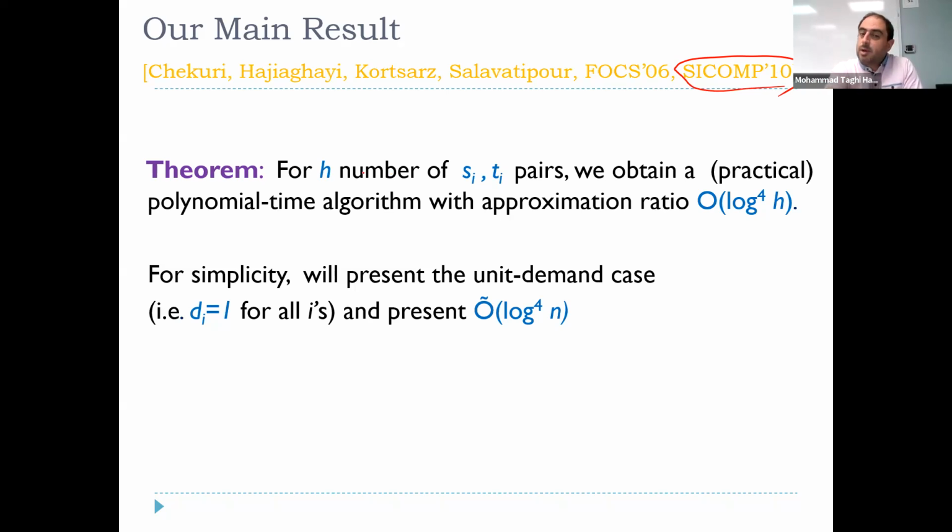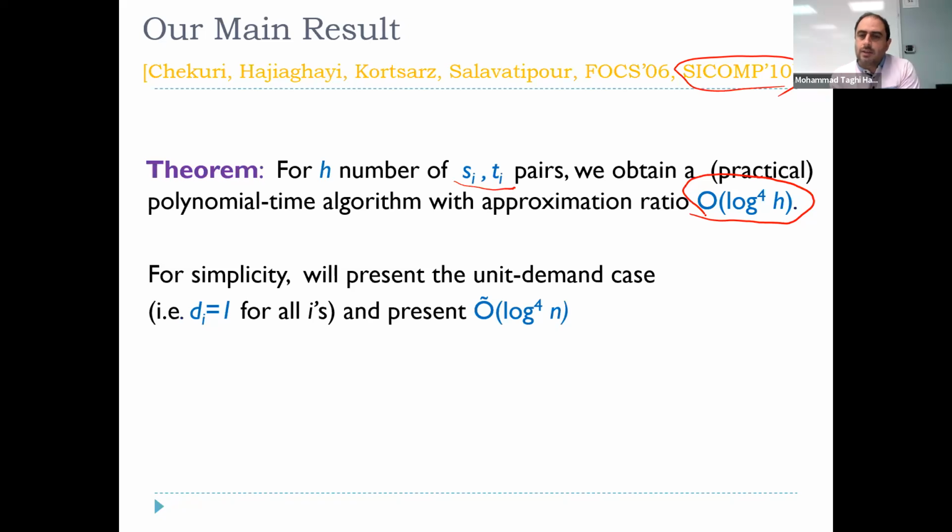For any number h of S_i, T_i pairs, we obtain a practical, very nice and clean algorithm with approximation ratio log h to the 4. And that is interesting. So if h is small, then this is not log n, it is log h essentially.